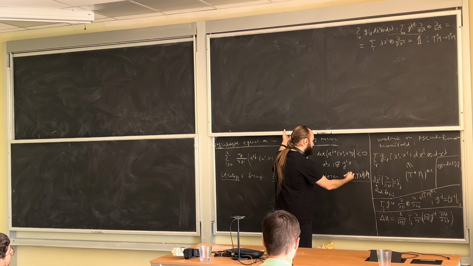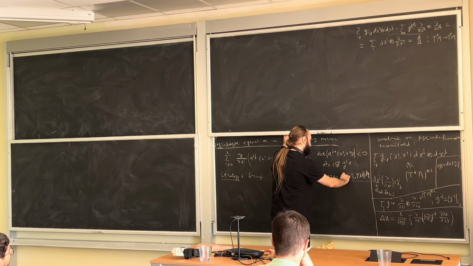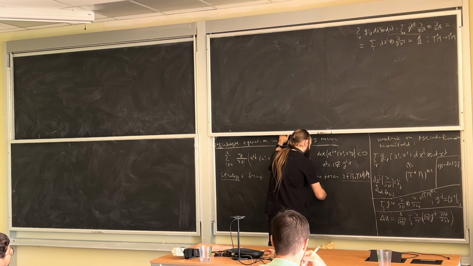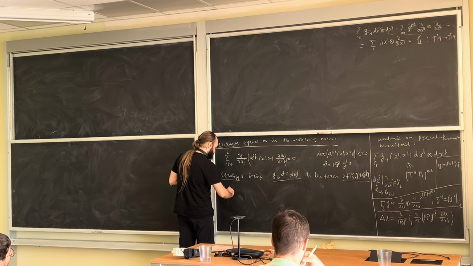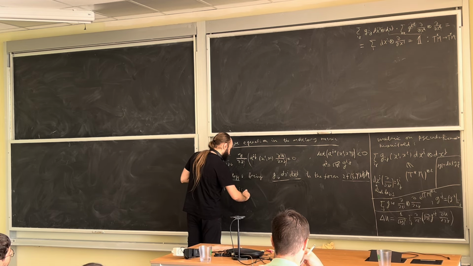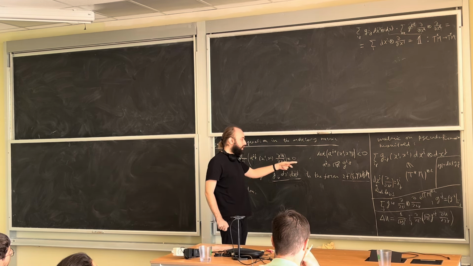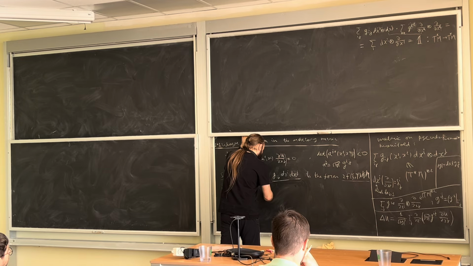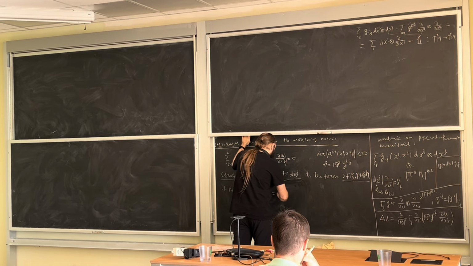So this metric has a form. Maybe let us put here 2. So this Jij has the form. So if this is done, then the metric Gij has the form 0 f 0.